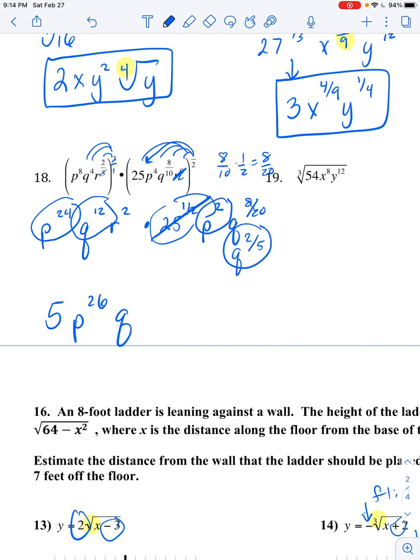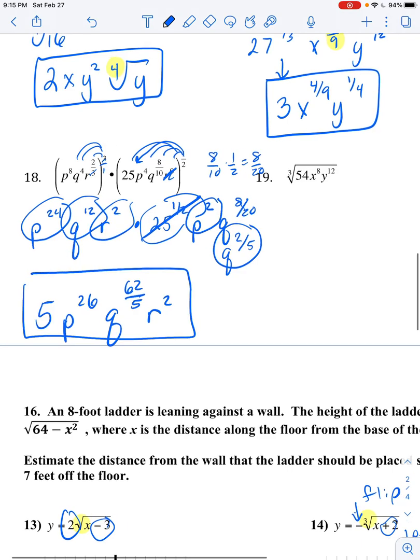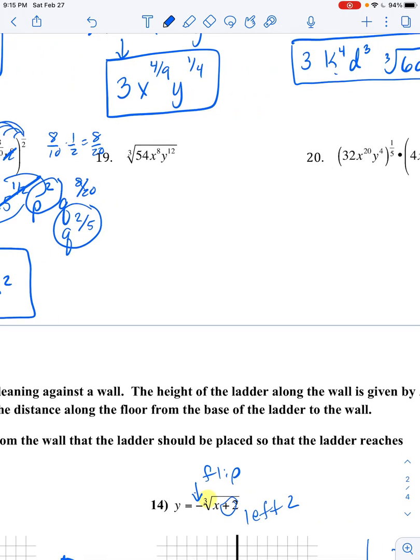So I'm taking my q here to the 12 power, and then I'm adding 12 plus my 2/5, changing it into an improper fraction on my calculator and getting 62/5. And then I have my r squared, which is the only one I've got because the other one disappeared from the 0 power. Messy problem, messy answer.